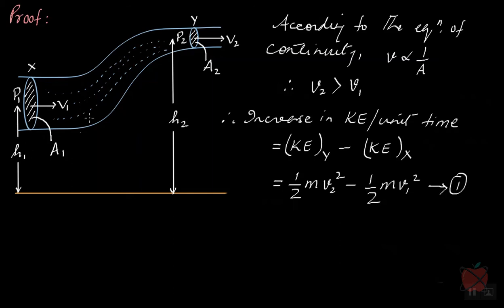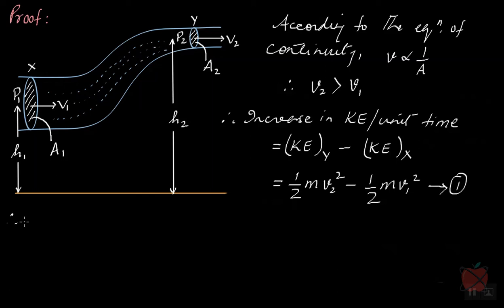Now next, if we look at this, the level out here, this is higher level than this, yes or no? So can we say that the potential energy at Y will be larger than the potential energy at X? I think we can say that, right? Because potential energy depends on the height. The higher the body is, the more will be the potential energy. So as this liquid is going from a lower height to a higher height, what happened to the potential energy? It increased. Yes.